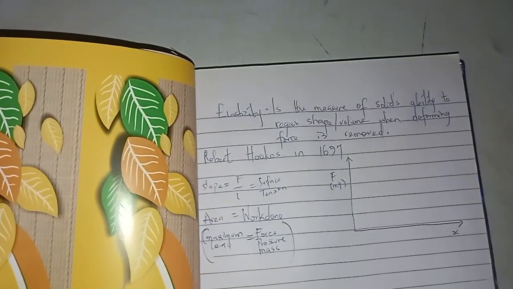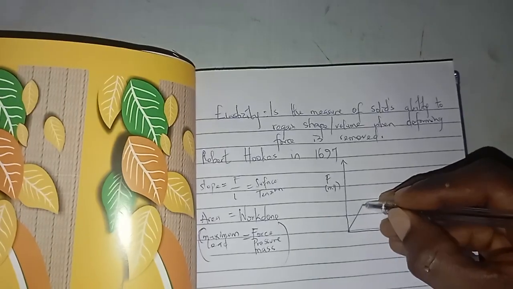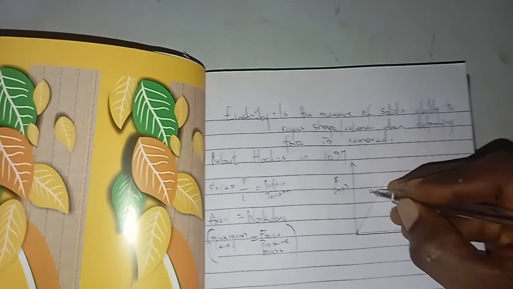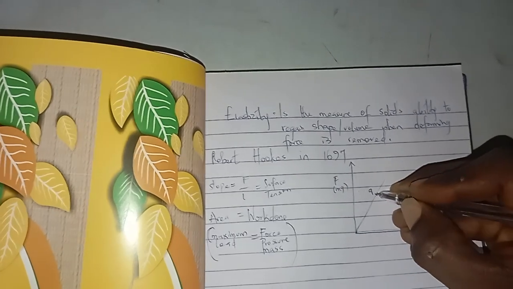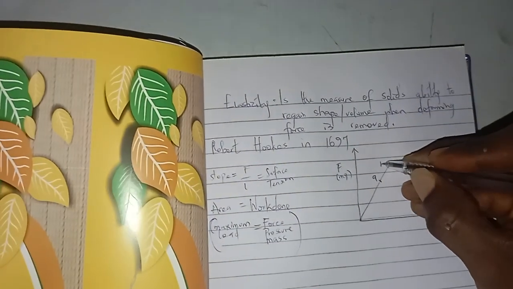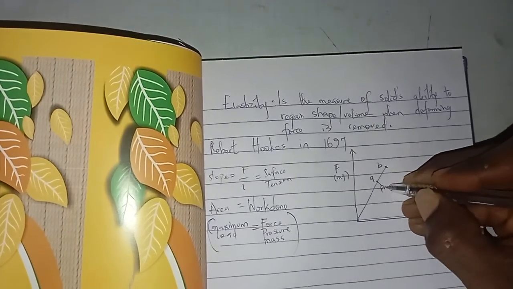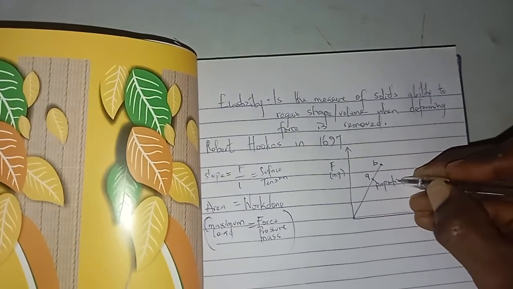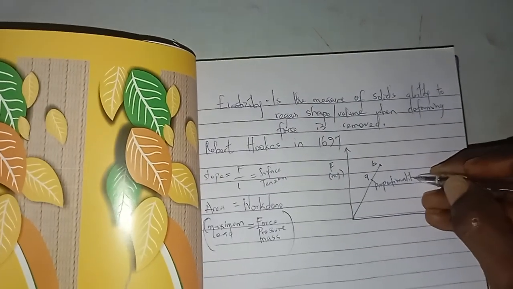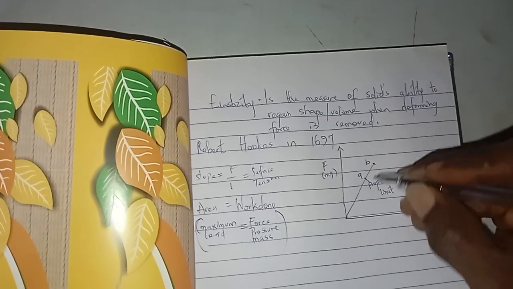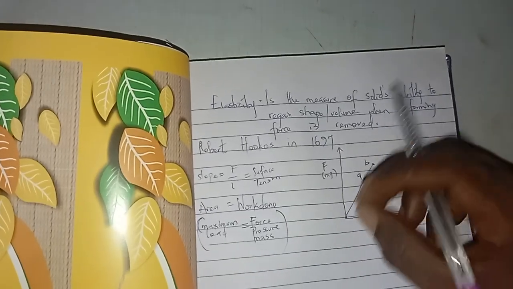So I've noted this. The concept is that if you stretch a body, let's say to this point A, and you remove your hand, it will come back. But let's say this point is B. This region is what we call the proportionality limit.